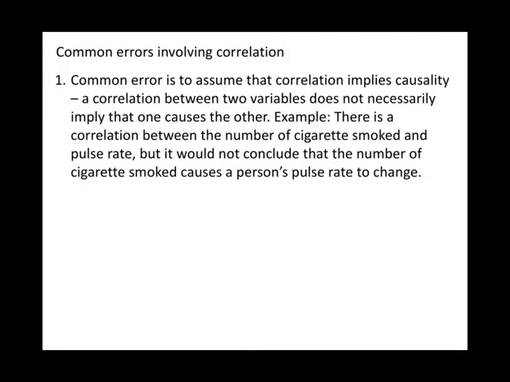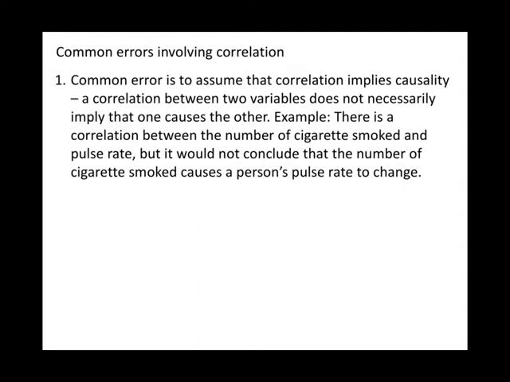Okay, common errors involving correlation. A common error is to assume that correlation implies causality. We talked about this one in chapter 1, right? You don't assume that correlation implies causality. For example, there is a correlation between the number of cigarettes smoked and the pulse rate. So I know these two variables, cigarettes smoked and the pulse rate, are associated with each other.